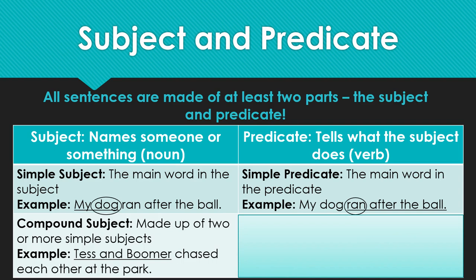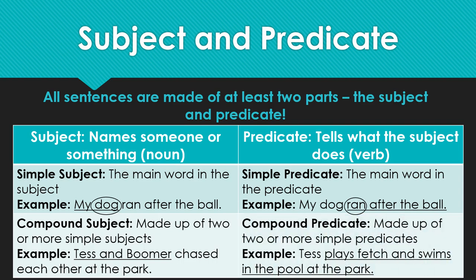Same thing goes for a compound predicate. It's made up of two or more simple predicates. This example says Tess plays fetch and swims in the pool at the park. So our subject is Tess, and the predicate tells us what the subject does.